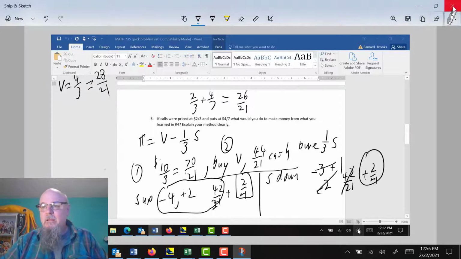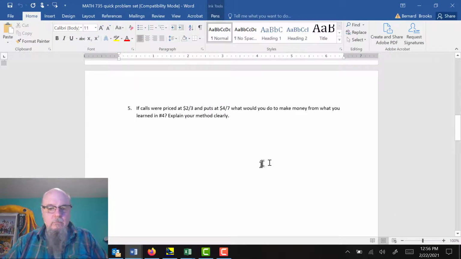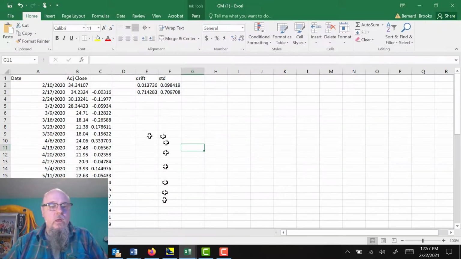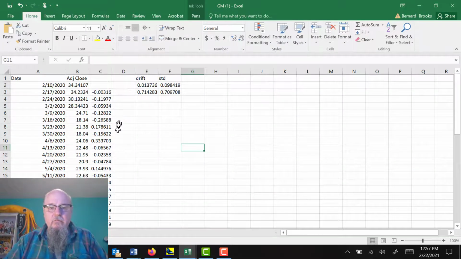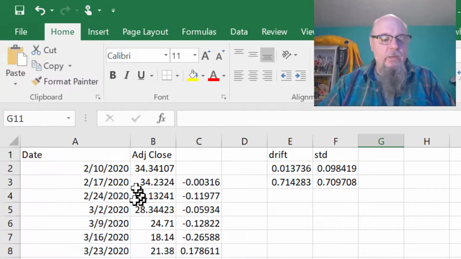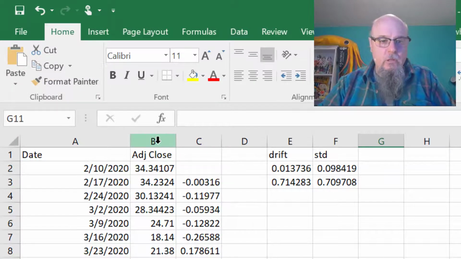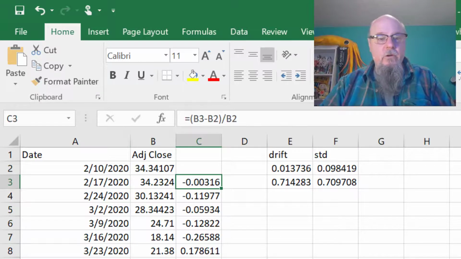All right, now let's look at the last part here, which was talking about using weekly adjusted closes. So I go to Yahoo Finance, I get our data. I've got my GM data. It's weekly. I've already eliminated all the columns except for the adjusted close. That's the one I need. And then I need to create my returns.